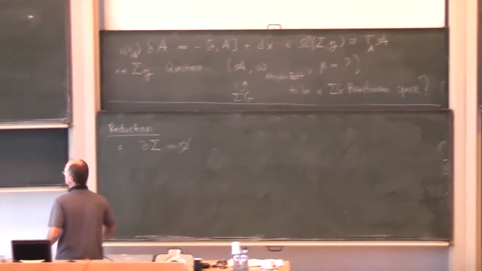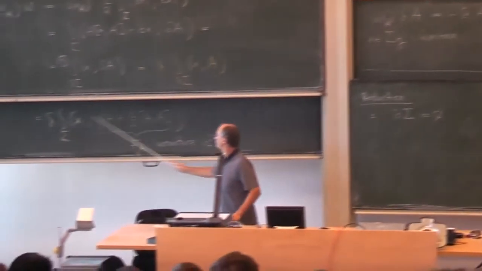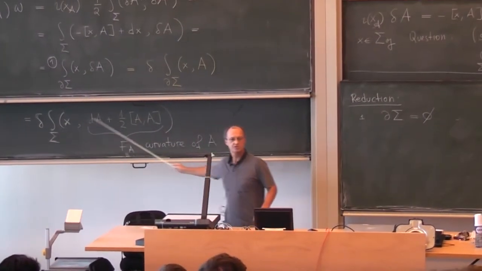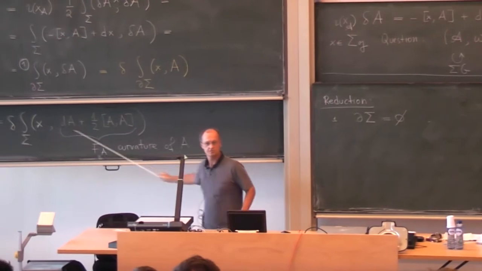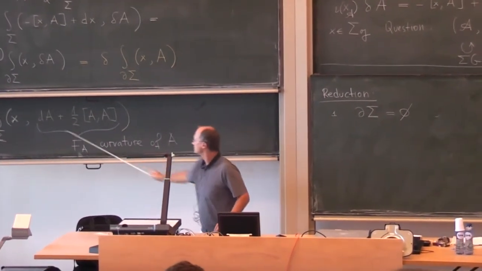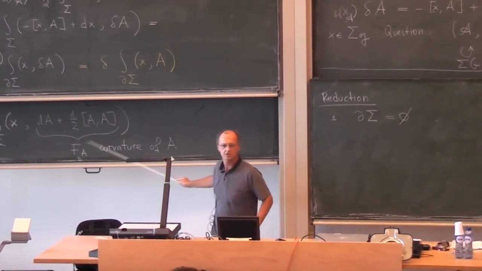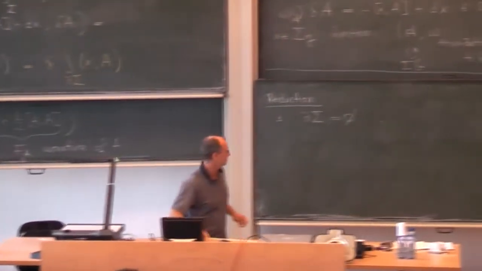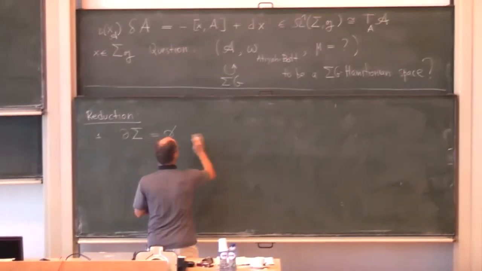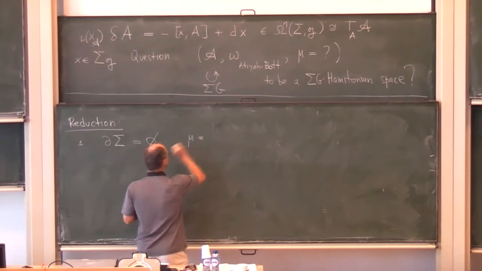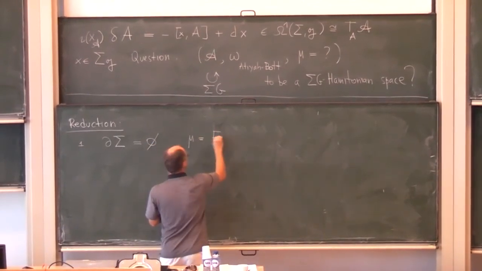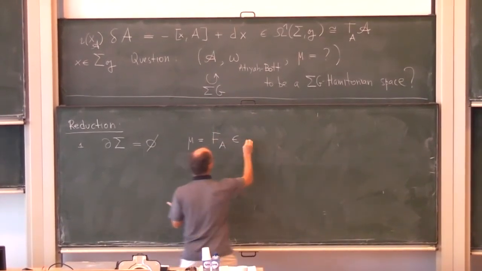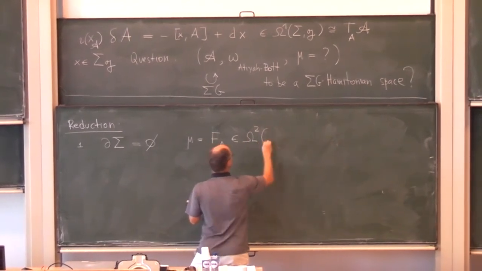We see that this is a typical formula from the theory of Hamiltonian spaces, and the moment map is what stands in this place. So then we know that mu is equal to F_A.